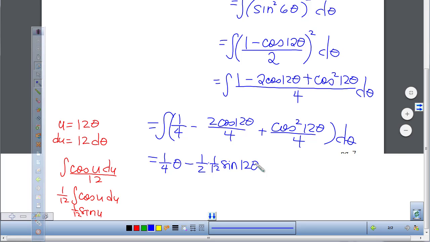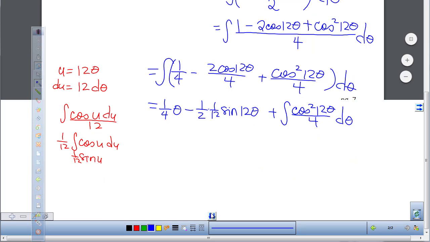Okay, and then for this piece, it's still squared. So what we're going to do is apply the special formulas up top again. Okay, because we want to try to get it down to the first degree. So we still have plus the integral of cosine squared 12 theta over 4 d theta.